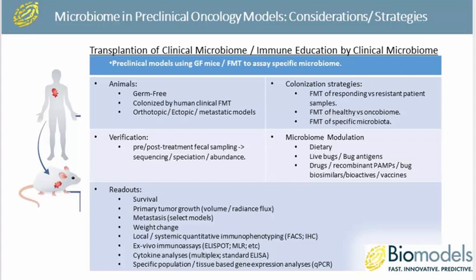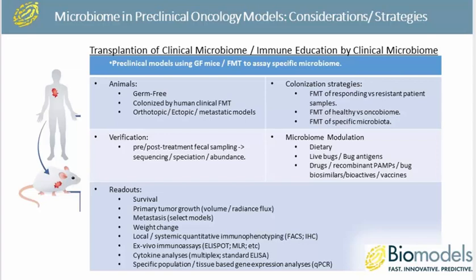I also want to mention, I mentioned it really quickly before, that we're developing transplantation of clinical microbiome, whereby we use the germ-free mice. We would introduce a clinical either responder or non-responder.